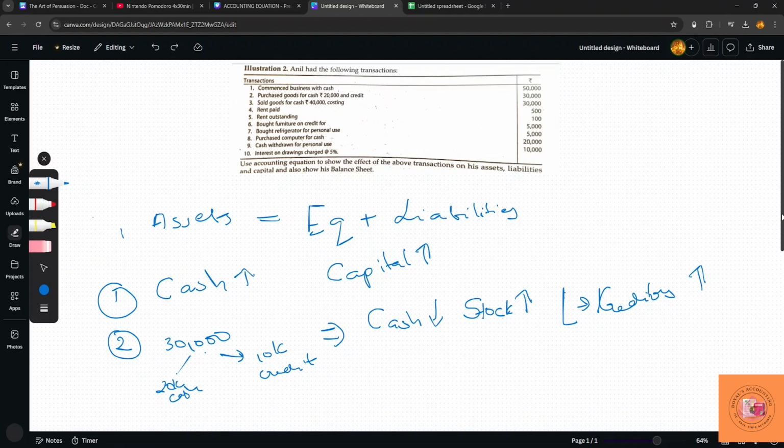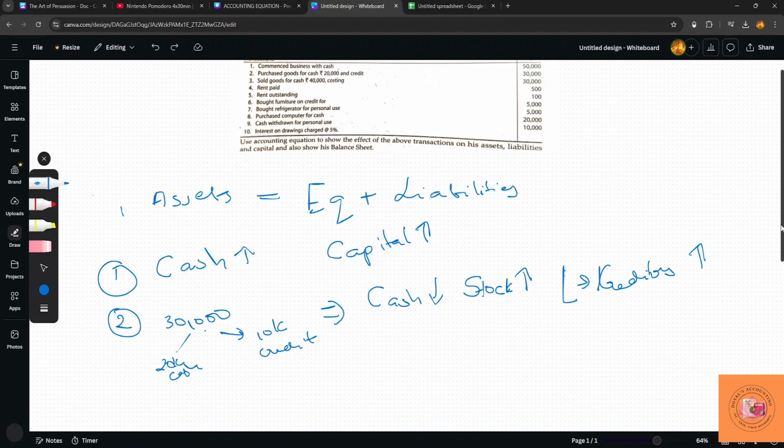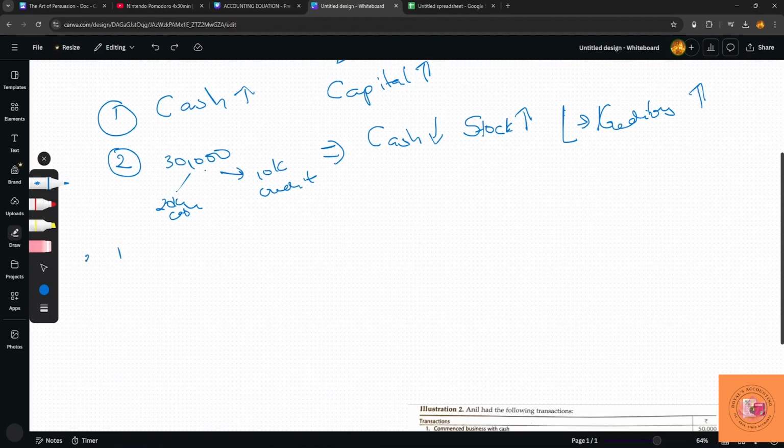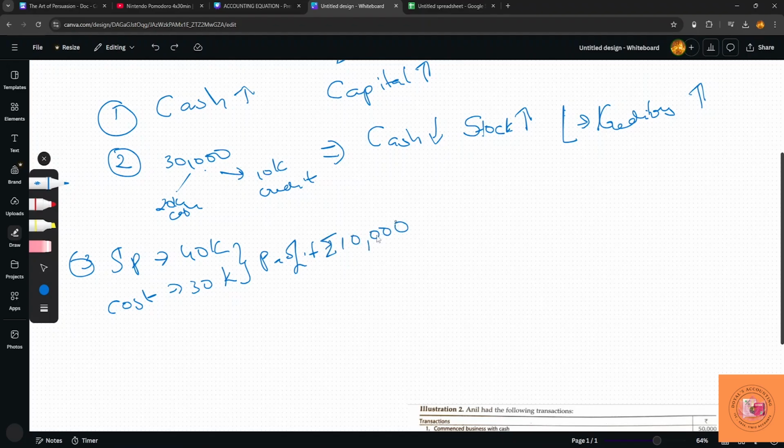The next transaction is sold goods for cash rupees 40,000 costing rupees 30,000. So what would this mean? Goods selling price 40k and our cost is 30k. So that means we have made a profit of 10,000. So what effect would this have on our accounting equation?